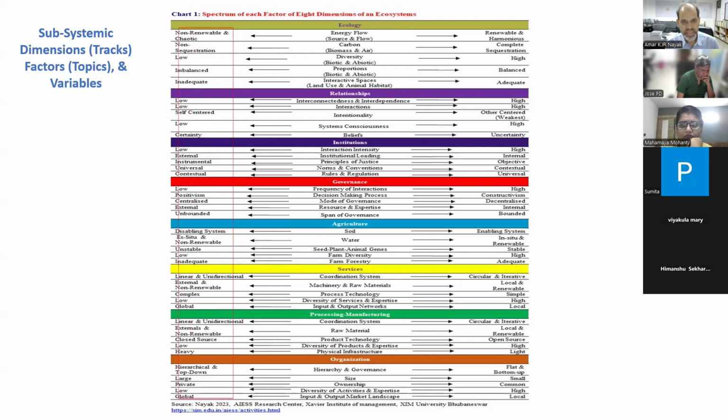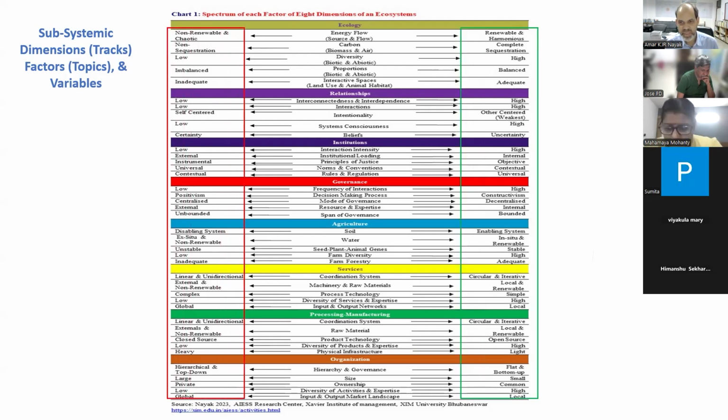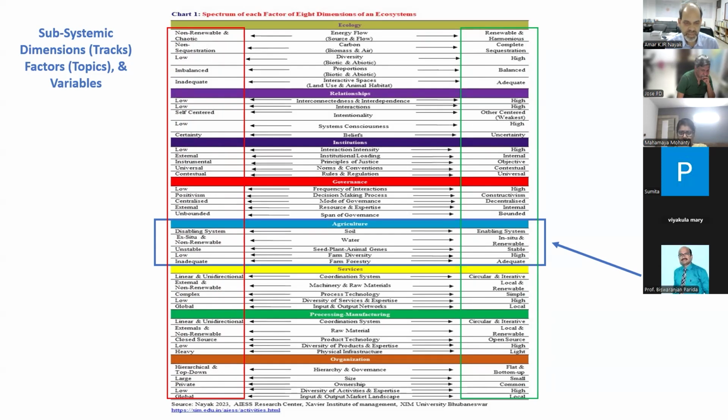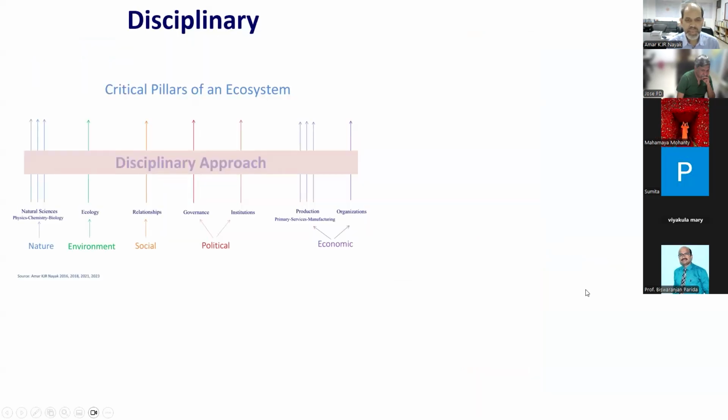These were some of the things that we discussed, and one of them was, of course, the case of the agricultural sector as part of understanding how systems work. The typical approach that we have is the disciplinary approach. We have several disciplines, whether in the field of economics or political science or sociology or environment or nature, or physics, chemistry, biology, all of these.